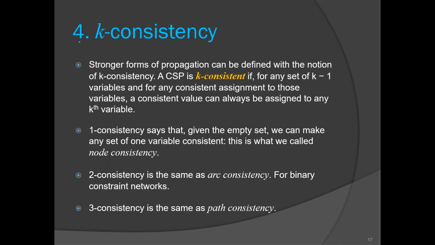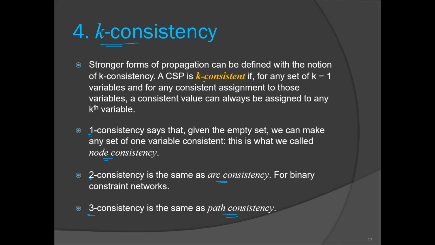And if you generalize this idea for k variables, that is known as k consistency. If k equals 1, that would be node consistency. K equals 2 refers to arc consistency. K equals 3 would be our path consistency. So what happens in k consistency?